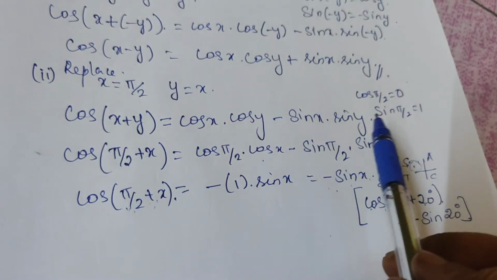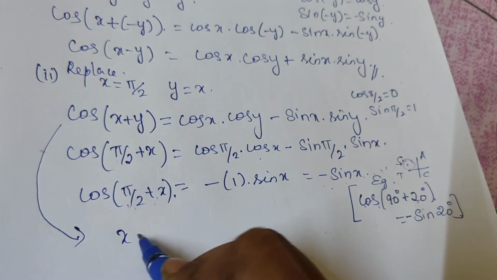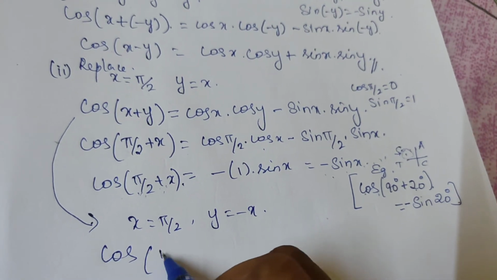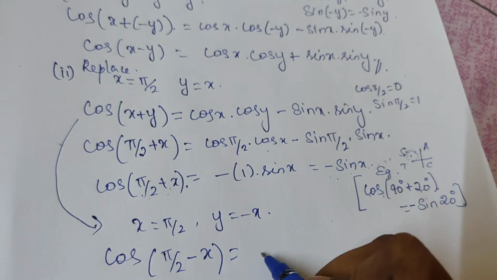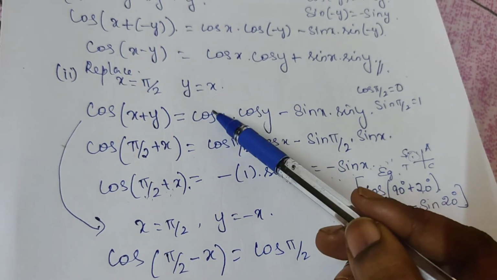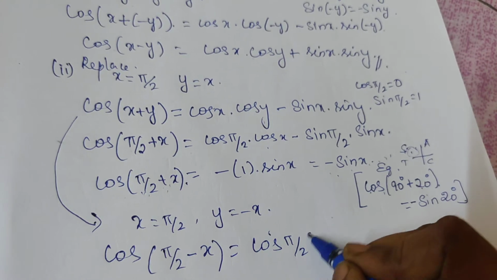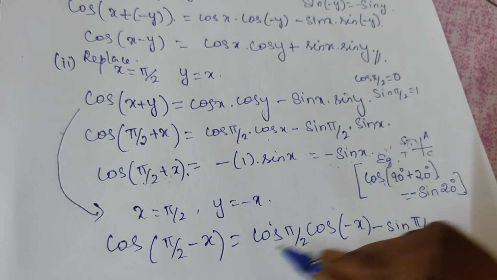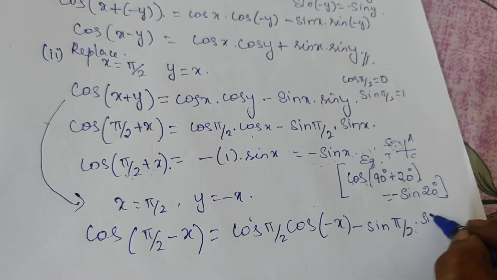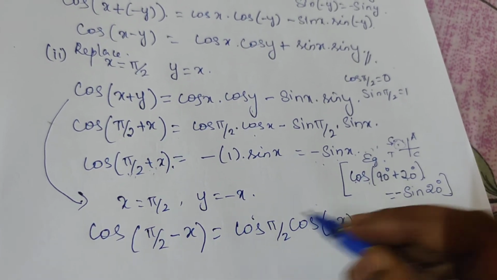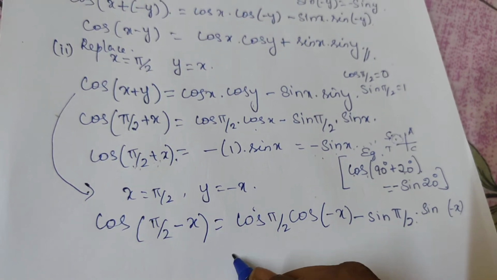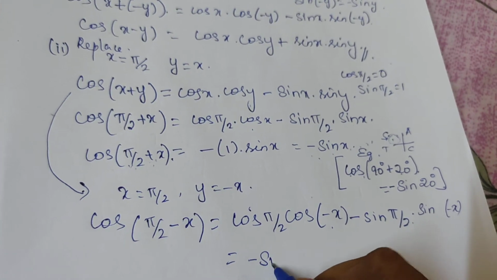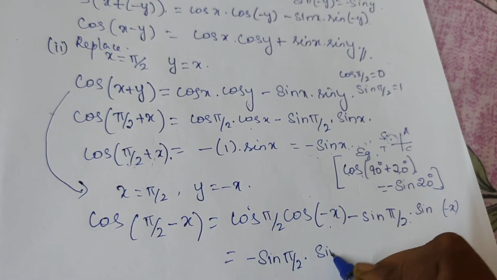Now in the same identity, if we replace x by pi by 2 and y by minus x, what do we get? Cos of pi by 2 minus x equals cos pi by 2 cos minus x minus sin pi by 2 sin minus x. Again cos pi by 2 is 0, so this term vanishes, and we have minus sin pi by 2 and sin minus x.